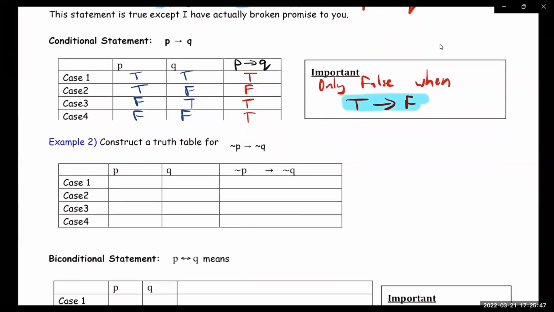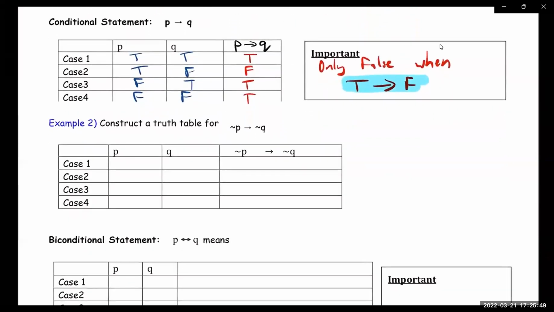All right, so let's see when this would be true. We fill out the same truth values for P and Q as we always do. True, true, true, false, false, true, false, false. All right, then we kind of just do this.